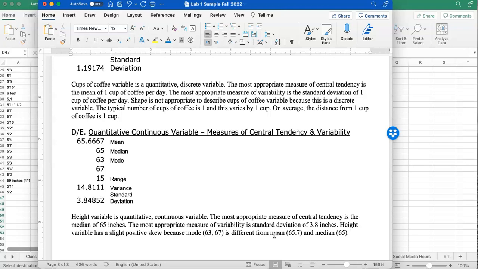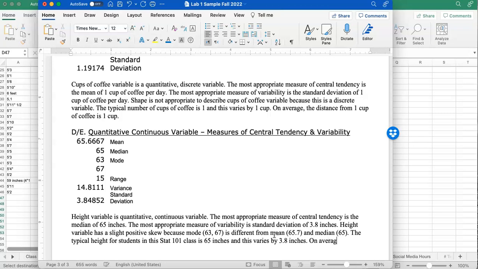All right. Then we can say that the typical height for the students in this Stat 101 class is 65 inches, and this varies by 3.8 inches.